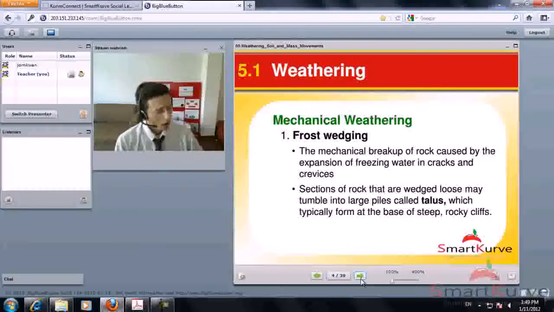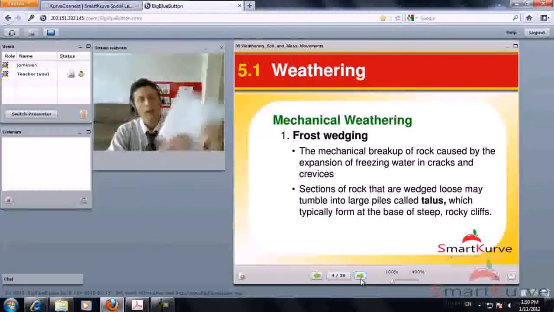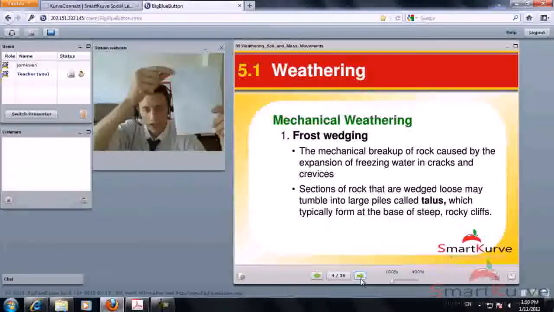Wedging. A wedge is something that we use to break something else, something that's driven into something to split it. This would be an example of a wedge.